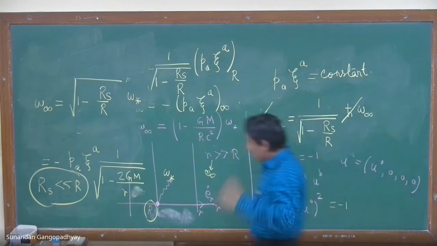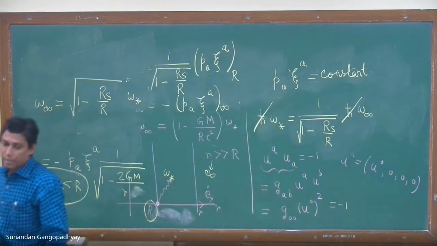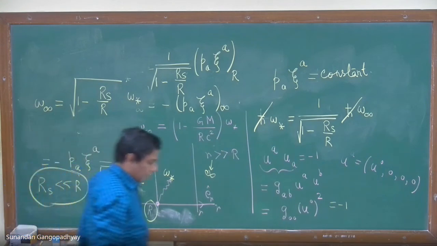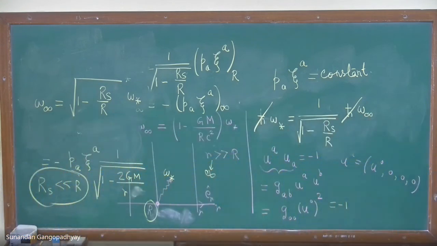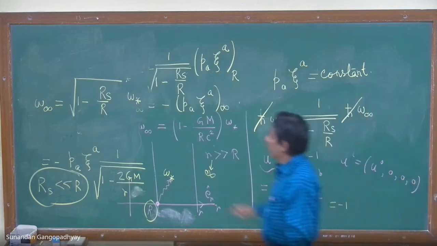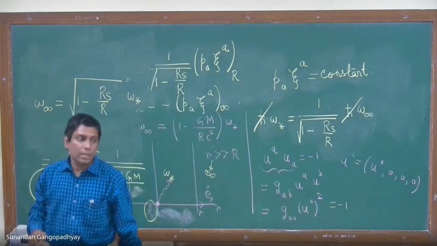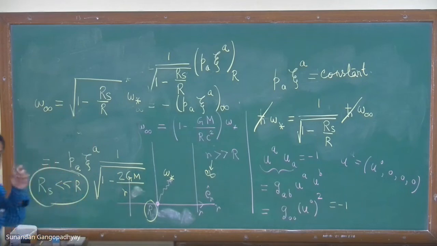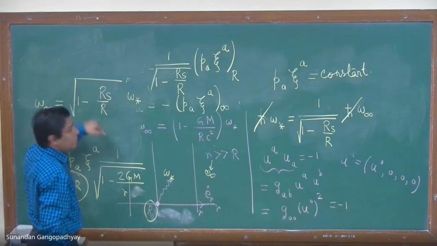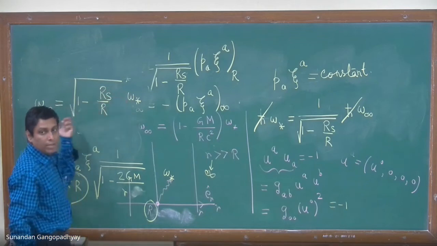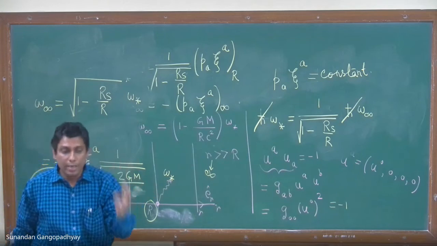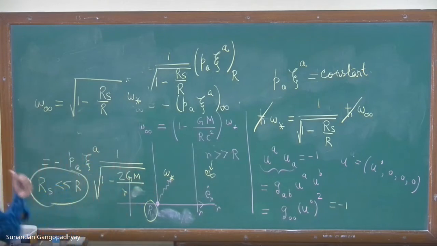It tells you that the frequency or the energy of the signal measured by a stationary observer at infinity will be smaller than the energy or the frequency of the signal emitted from the surface of the star. So this is smaller than this, and since the frequency is smaller, it is redshifted, and the redshift is due to gravity. So this is gravitational redshift.